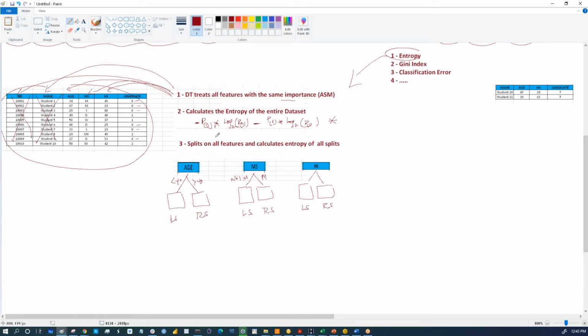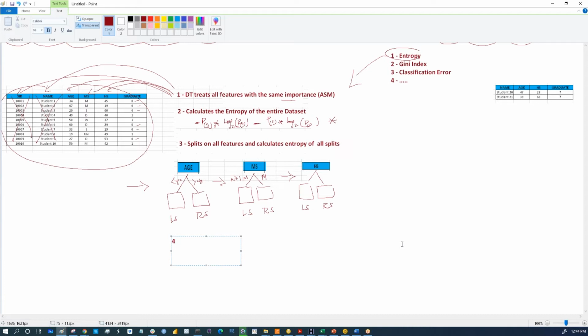Step number 3, it uses all the features to split, and only one split and stop, one split and stop, one split and stop. It does not continue. After one split for all features, now it is going to calculate the entropy.